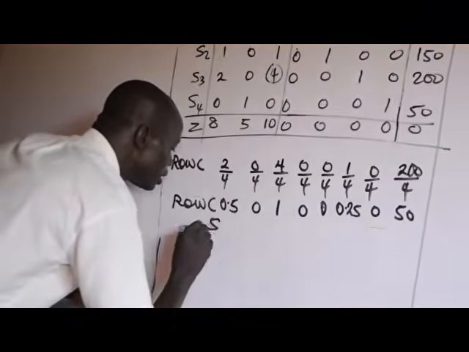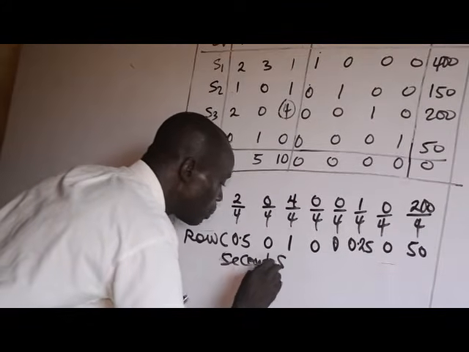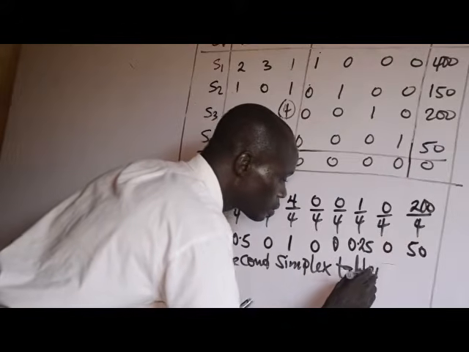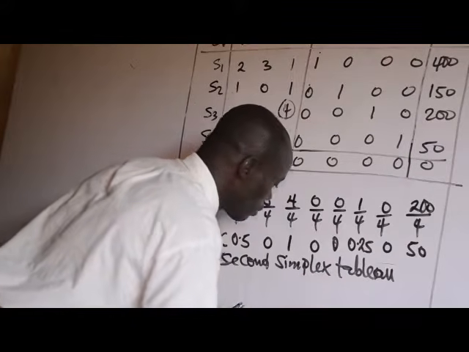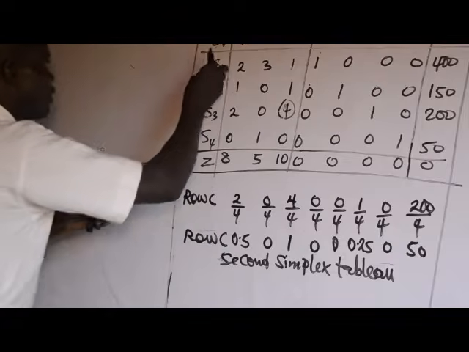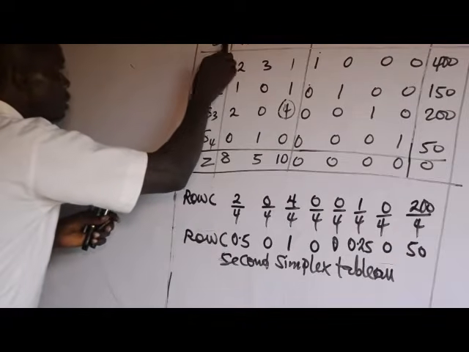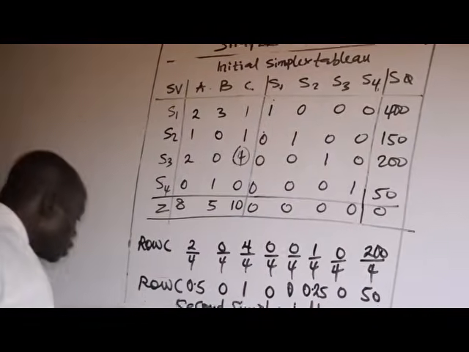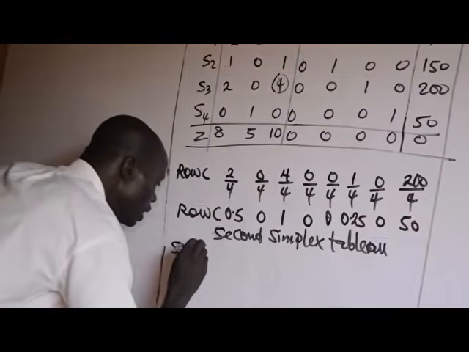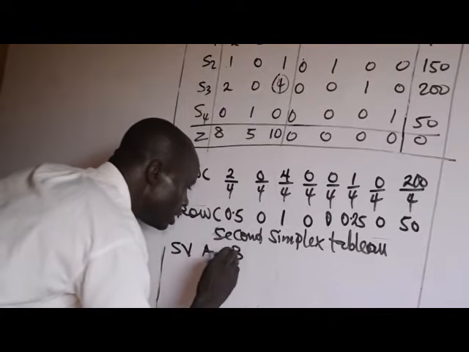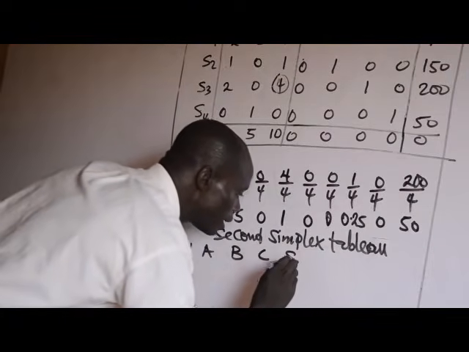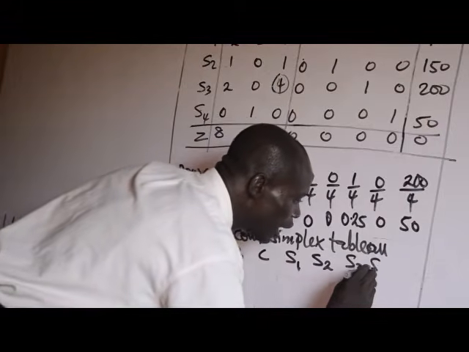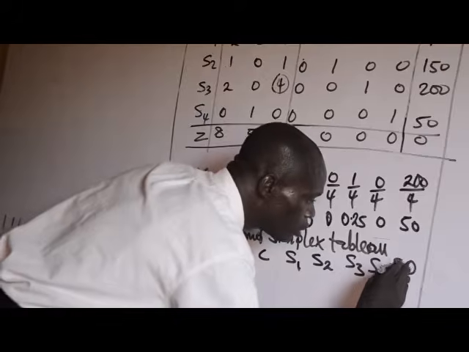So now let's have the second simplex tableau. So you have solution variable A, B, C, S1 to S4 and solution quantity.